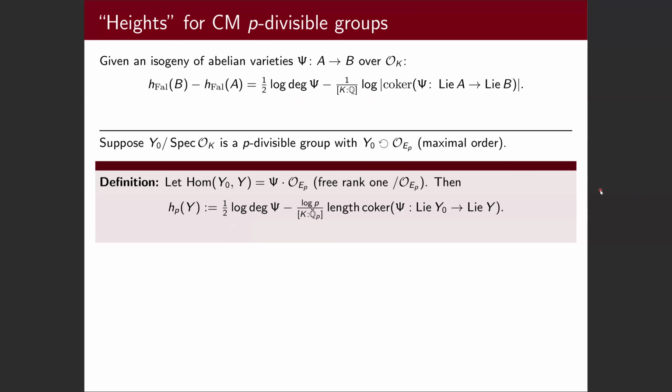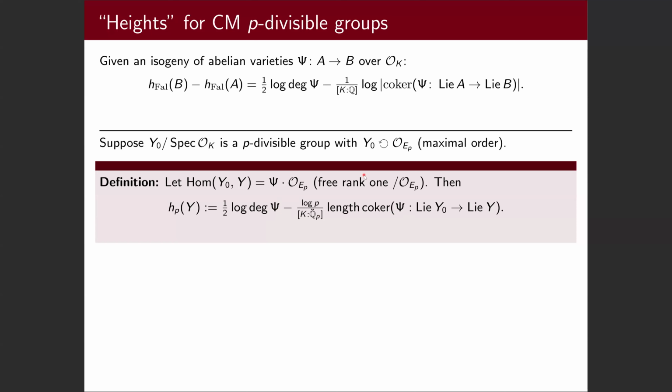The main subtlety here is that, unlike for abelian varieties, this is sensitive to the choice of isogeny. For abelian varieties, there's already an intrinsic notion of Faltings height. So of course, this right-hand side should not depend on the choice of isogeny, because the height of B is defined and the height of A is defined, so the difference is defined regardless of what isogeny you take. But this local situation for p-divisible groups is more sensitive, so it depends very much on the choice of isogeny.